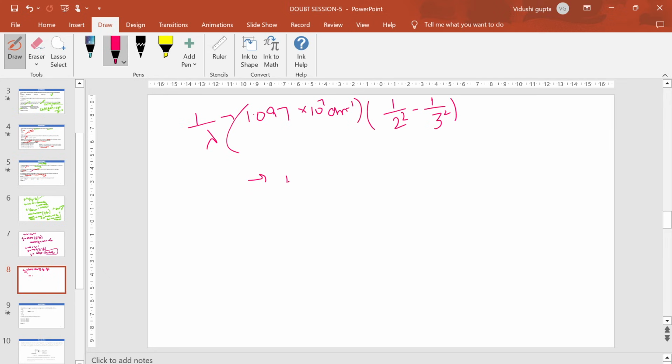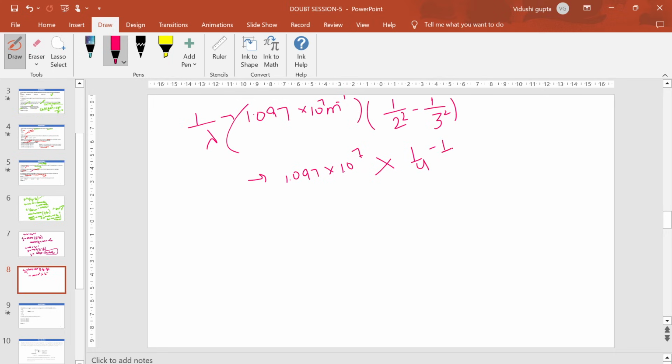So it will be 1.097 into 10 raised to 7, here the unit will be meter inverse, into 1 upon 4 minus 1 upon 9.